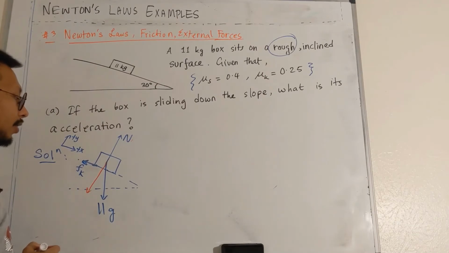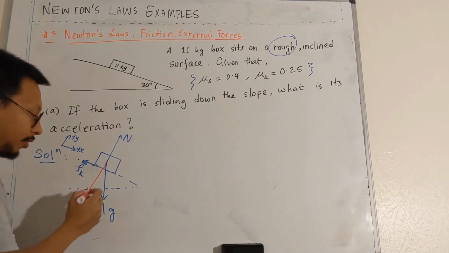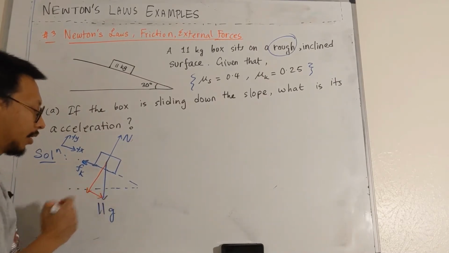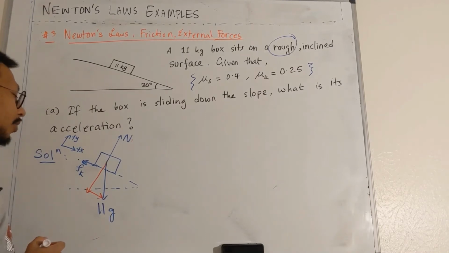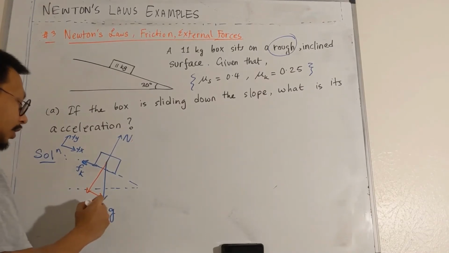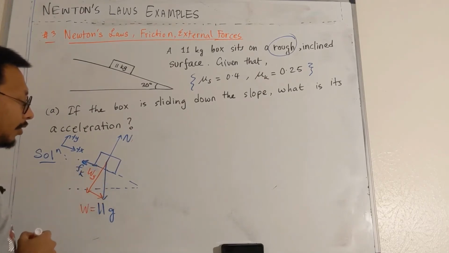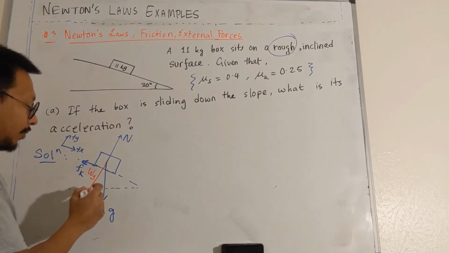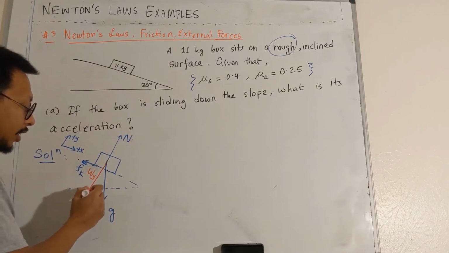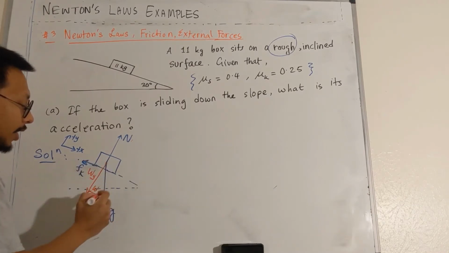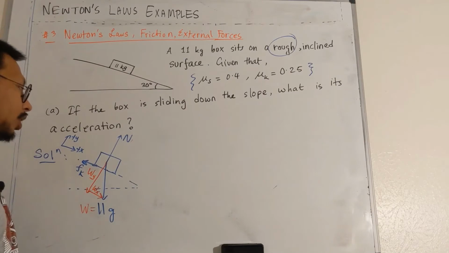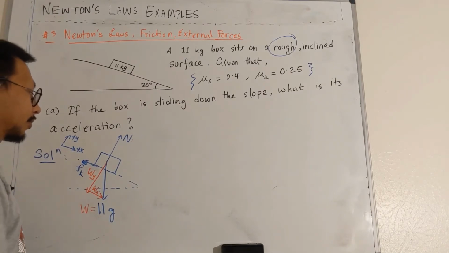Perpendicular to the plane would be the y component, and parallel to the plane would be the x component. We know that this 11g is the weight, so the perpendicular component would be Wy, the weight in the y direction, and parallel to the plane would be Wx, the component of weight along the x direction.